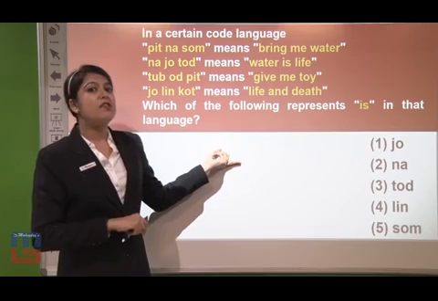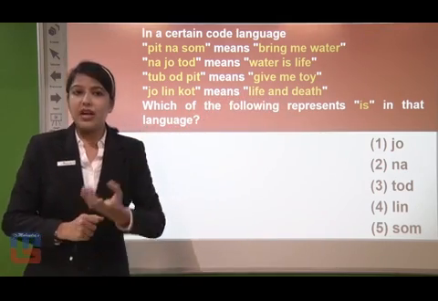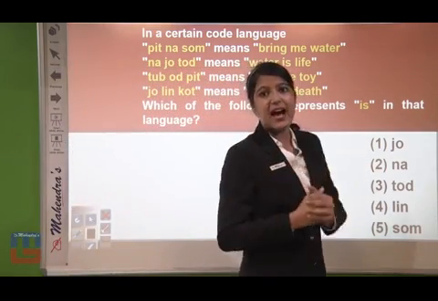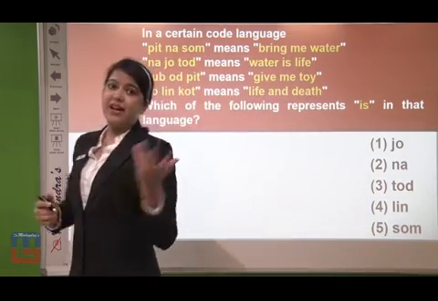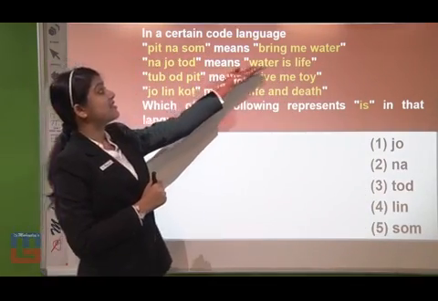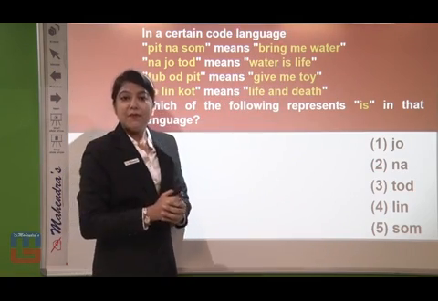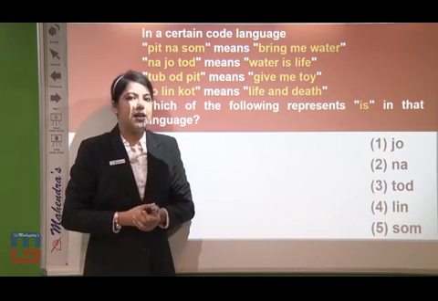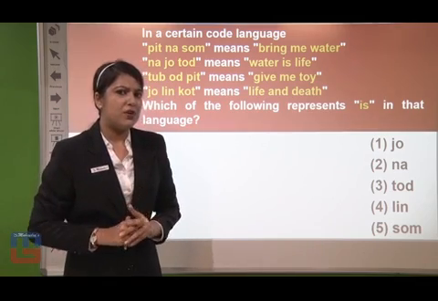So here also we will just find out, we have to get the code for "is". Now just look at the conditions where this "is" is given. In all the above given 3-4 conditions, where "is" is given, it is in the second phrase. In this type of phrase coding, when you get the condition word written over there, just focus and find out what will be the code for this word "is".